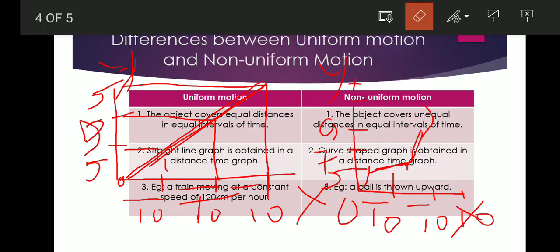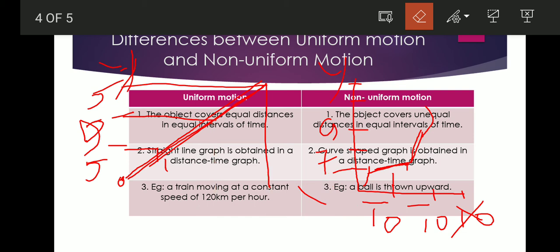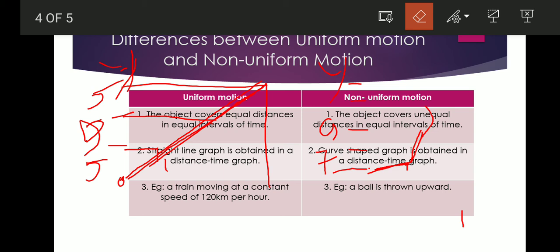Then here are examples. An example of uniform motion: a train moving at a constant speed of 120 km per hour. The speed remains constant in this case, so this is uniform motion. But what about non-uniform? Here is the example: a ball is thrown upward.